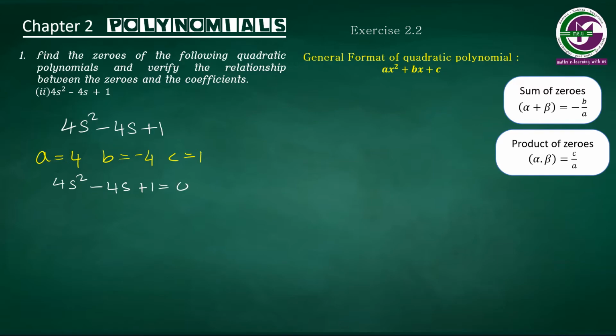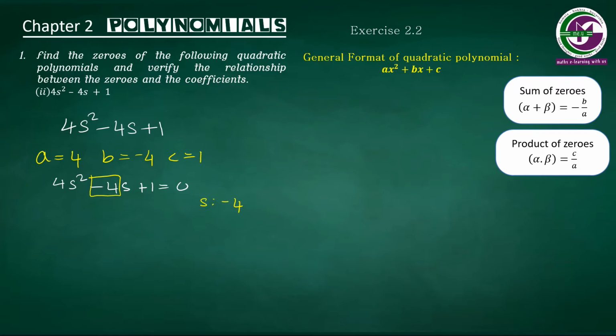Now we'll use splitting the middle term here. Notice that here the coefficient of s square is not 1, so it is not like the previous questions. So we need to use the splitting the middle term method here to factorize. First we'll select the coefficient of s, so that is the sum. Our required sum is minus 4.